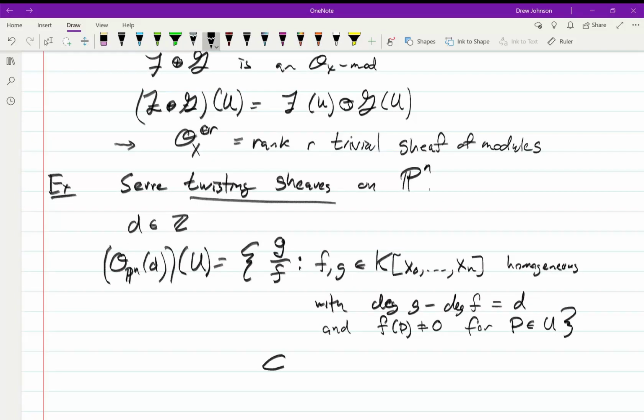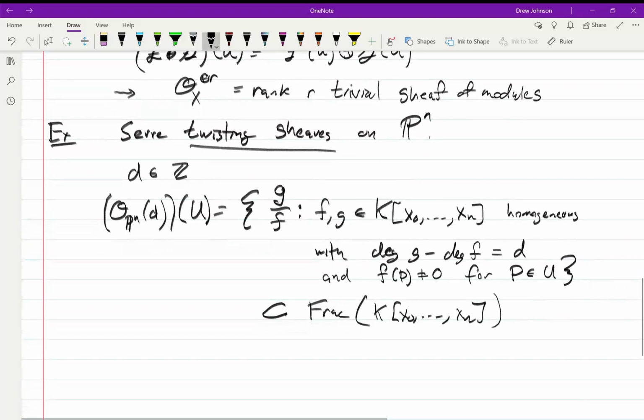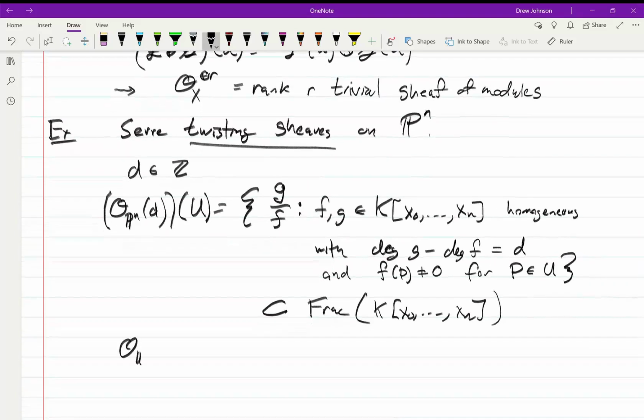We're considering this as a subset of the fraction field of the polynomial ring, meaning that if you cancel out some terms, those count as the same section. Just to be careful, this definition applies for non-empty subsets. For the empty subset, we define it to be the zero module.